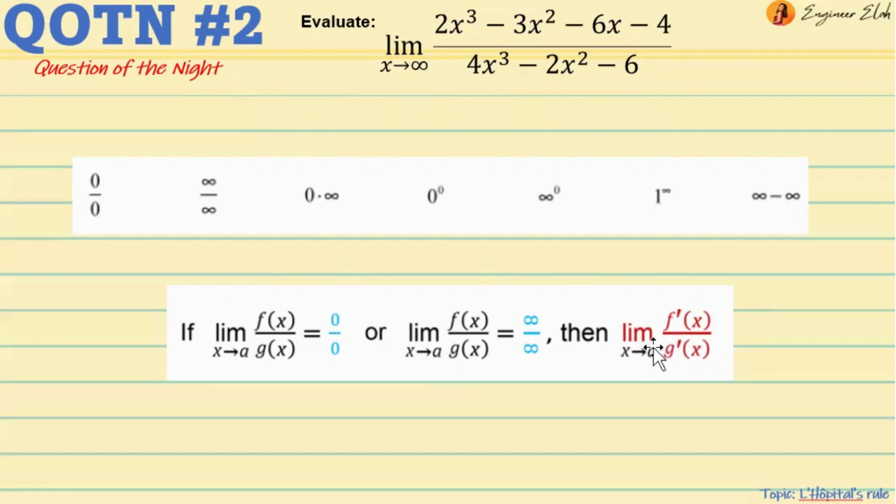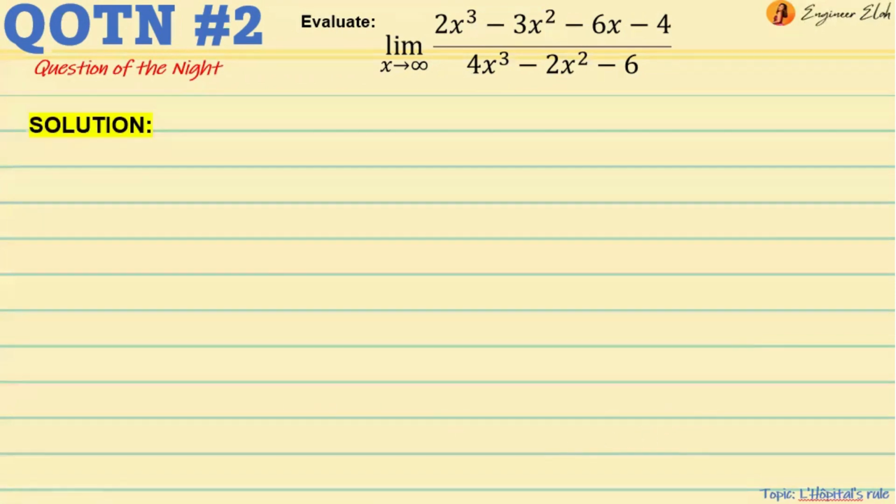And after that, you can evaluate again. And if constant na yung lumabas, then that's the answer. But if hindi pa rin, then you just continue to differentiate and evaluate until the point na maging constant na yung ating answer. So, paano nga ba natin isa-solve itong problem na to?